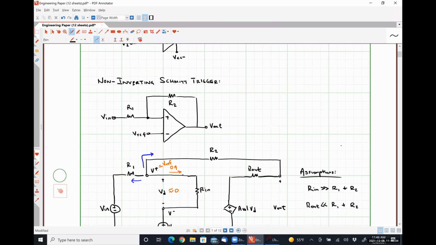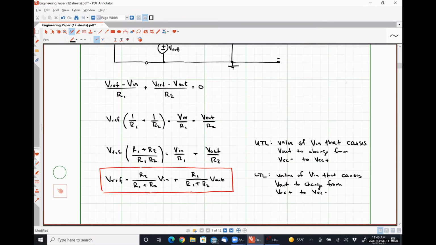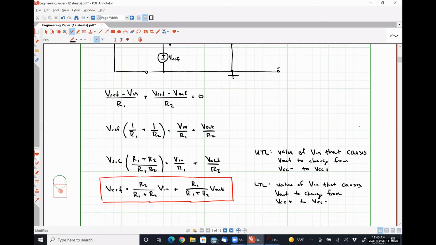So all I'm going to do in this equation is swap Vn and V reference, and it gives me my equation that governs how an inverting Schmitt trigger works, because the circuit analysis is exactly the same. It's just those two voltages are swapped. Does that seem like a reasonable approach to not doing math? All right.